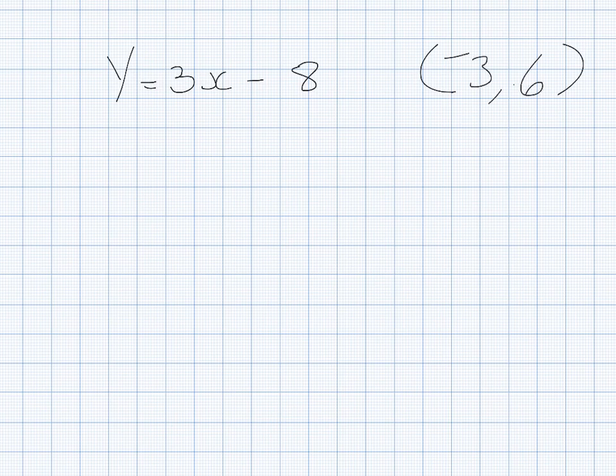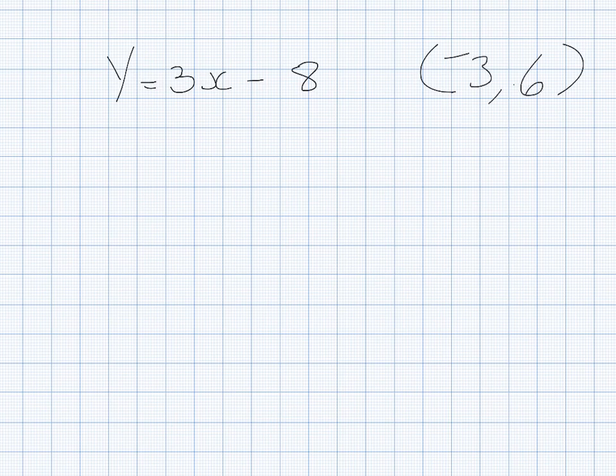Okay, so just for double checking, I'd like you to do 2 equations at home and make sure that you bring your answers and your working out to class on our next class. So let's say y equals 3x take 8, and the coordinates I'm giving you are -3 and 6.